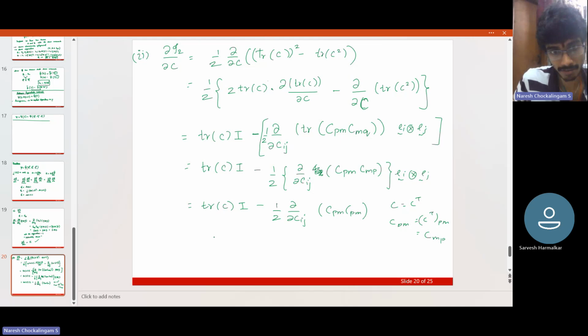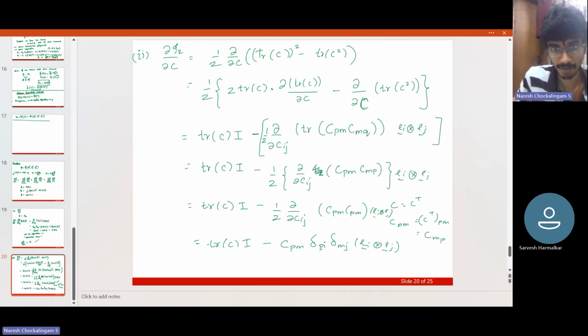So differentiate, use the product rule and then use the property of this. So we get trace of C times I minus, the half and the 2 that we get by differentiating this get cancelled. So we get CPM delta PI delta MJ Ei tensor Ej.